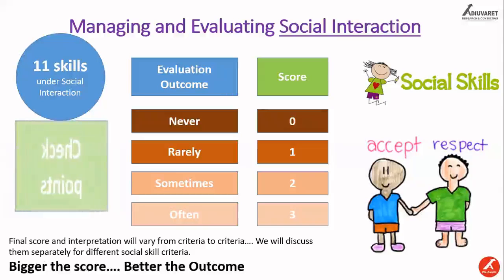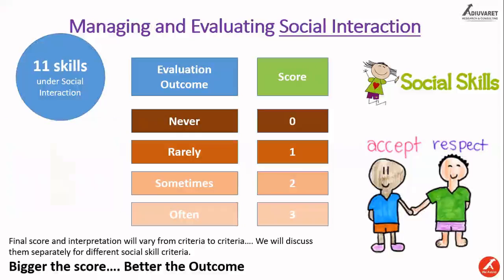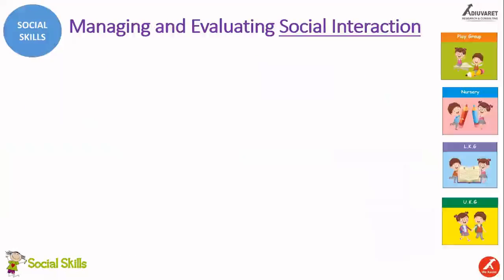Based on this scoring method, we'll discuss the total scoring at the end, after finishing these 11 skills in detail, and we'll discuss how to interpret the scores. But one thing we must remember at this point: the bigger the score, the better the outcome. A bigger score means the social skill of our child, in terms of social interaction, is much better.